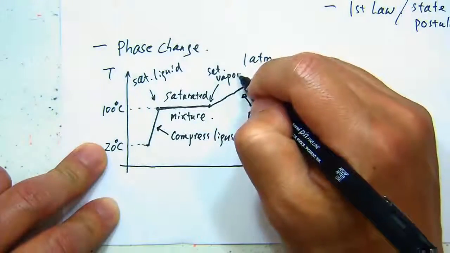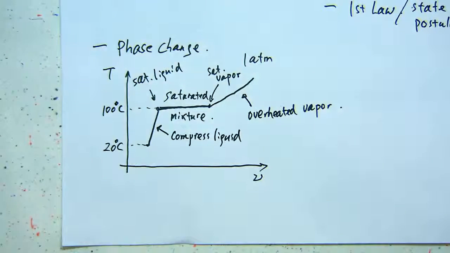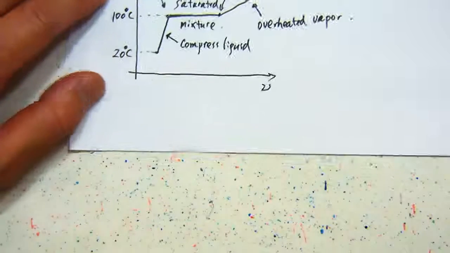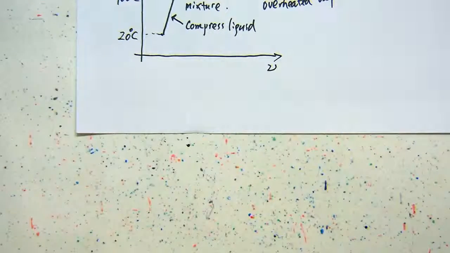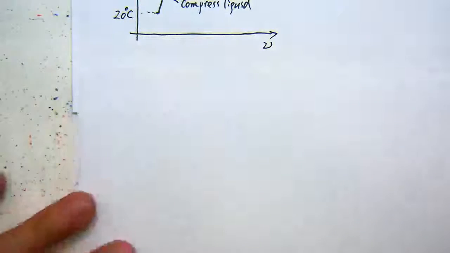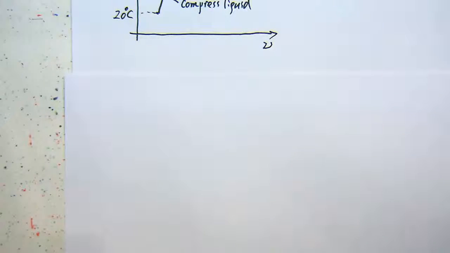So all the liquid is vaporized, but still at the boiling point, right? So there are some terms defined on the phase change process, and this is basic stuff.